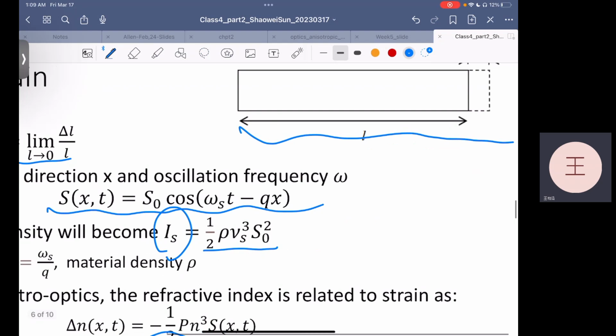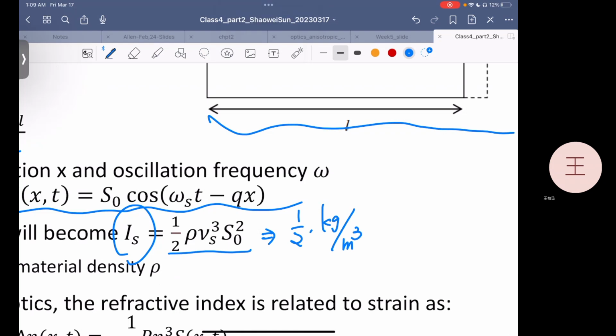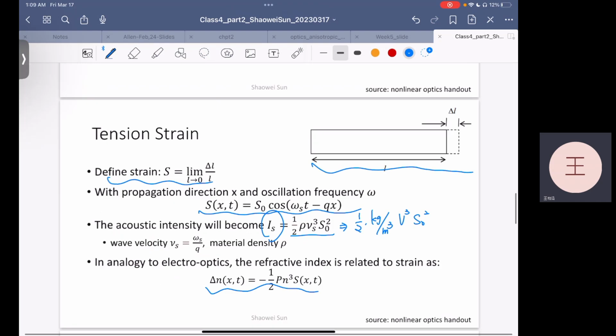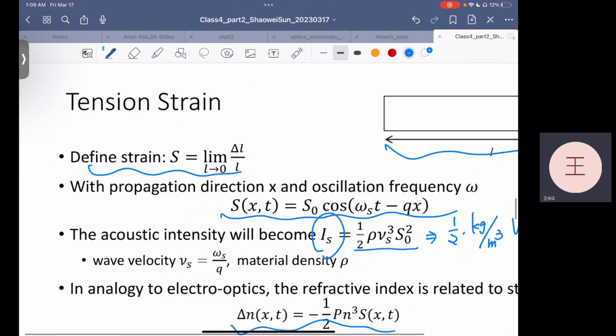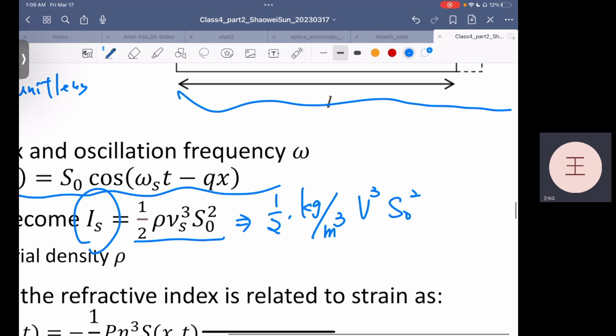interpretation. Take the unit into consideration. This is actually V^3 S0^3. Note the S0 here is actually unitless because it's meter over meter, so we may omit it temporarily.